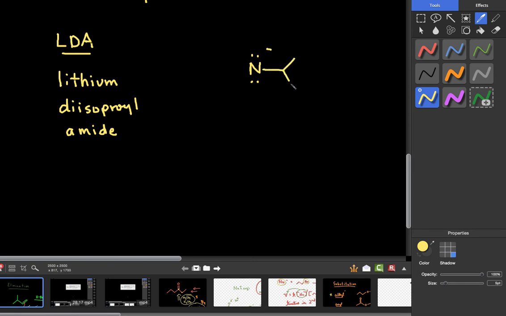It does make 2 bonds to isopropyl groups. This is a classic base to form enolates, which are reactions we talk about in second semester organic. There are also some even larger ones known as DBU. There's also HMPA. These typically are not on standardized exams. So LDA and t-butoxide are the 2 really big ones.